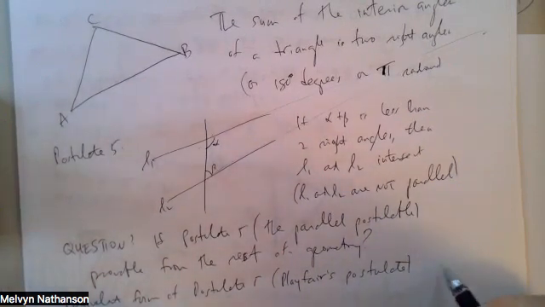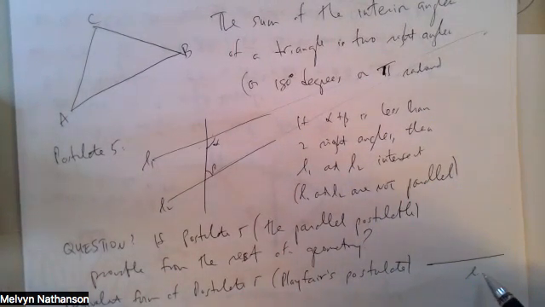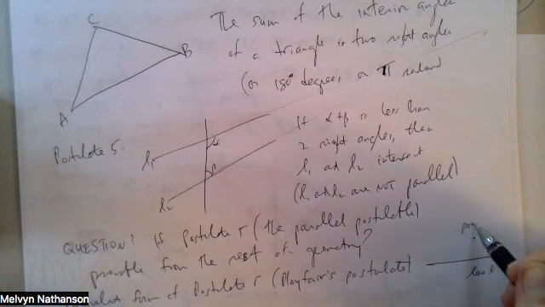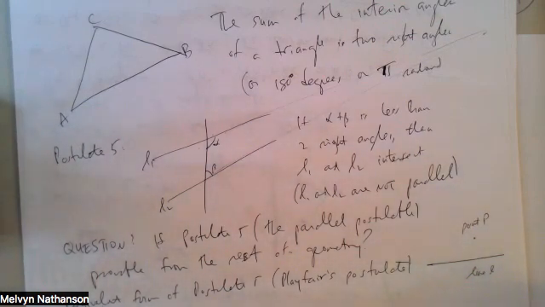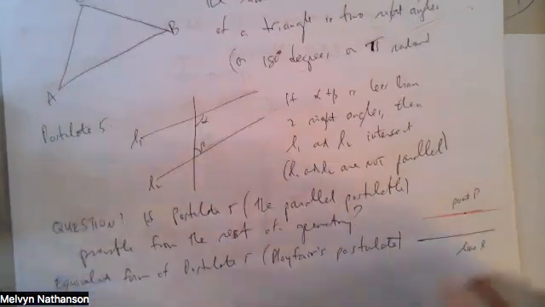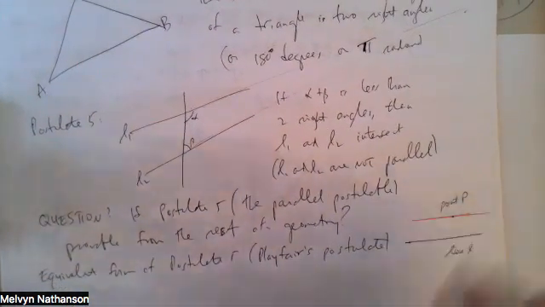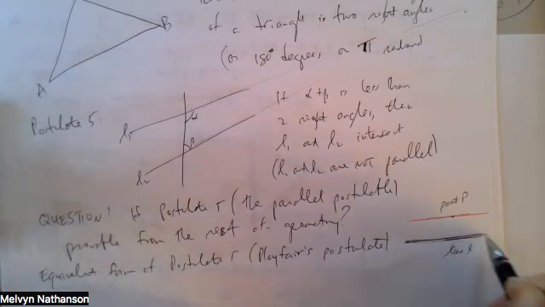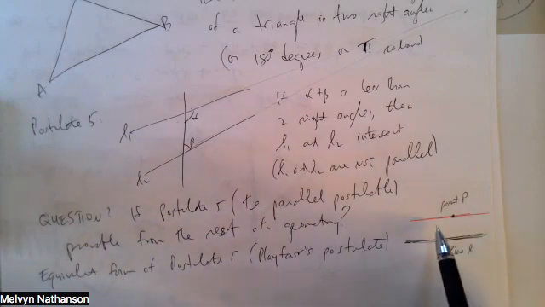Given any line L and any point P, there exists one and only one line through P parallel to L. That's Playfair's postulate. And this is the form of Euclid's fifth postulate you've probably heard of. Given a line and a point not on the line, there's always one and only one unique line through the point parallel to L.